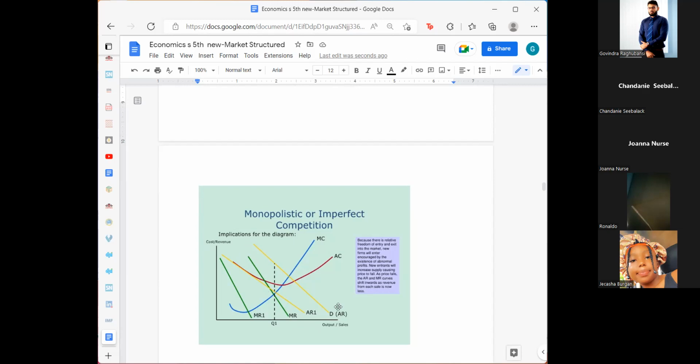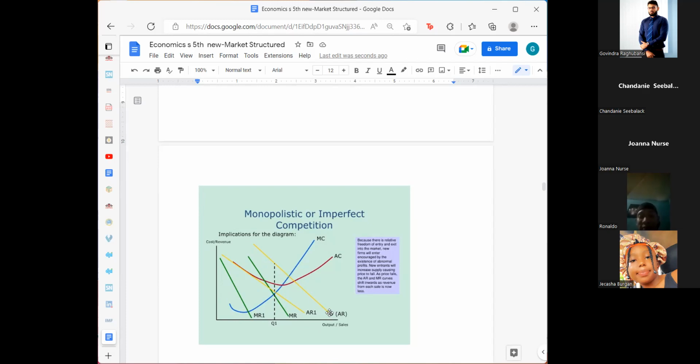So again, you draw your AR, you draw your MR. What's the next thing we do? MR is equal to MC. You see the MR and MC cut at this point. MR cuts MC and AC is here. You go up and that would be your abnormal profit region. But now we're saying because of that, firms are going to enter and demand is going to shift to the left.